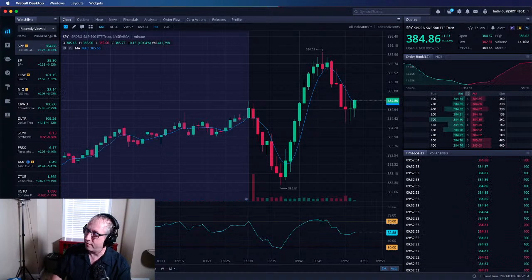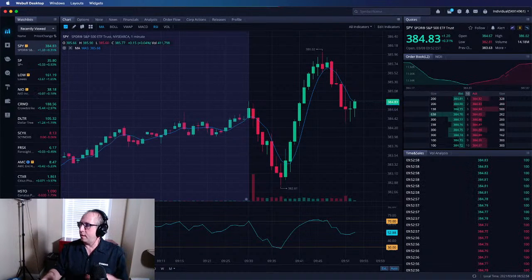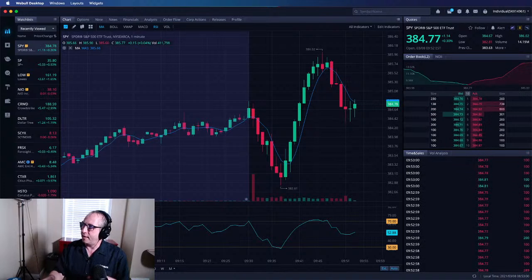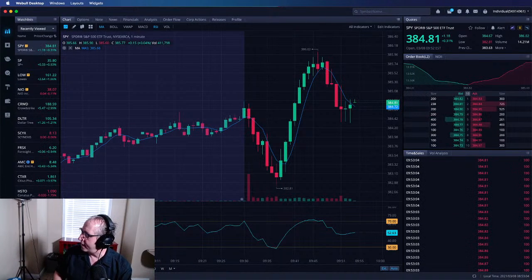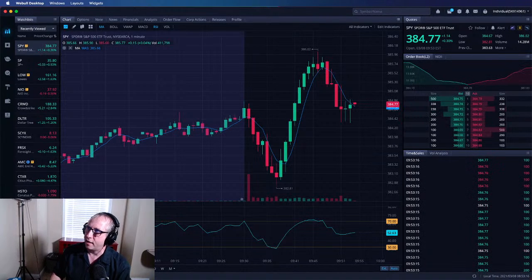I was a student of SMB Capital, and that's something I use each and every day. But as far as Thinkorswim, you can get all that information by having the top levels and the bottom levels within it, and also relative volume. You can get that information just by comparing the volume of the stock in pre-market.